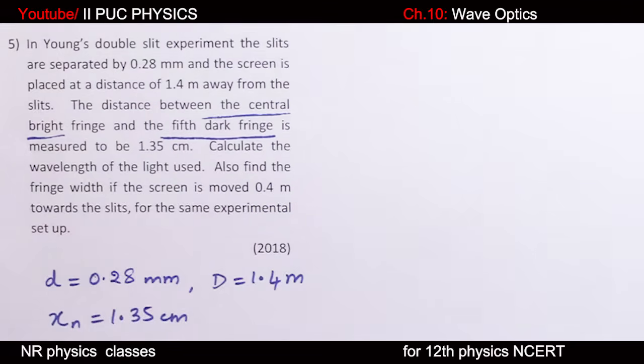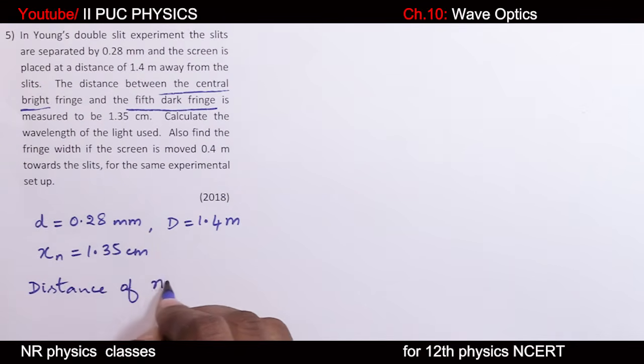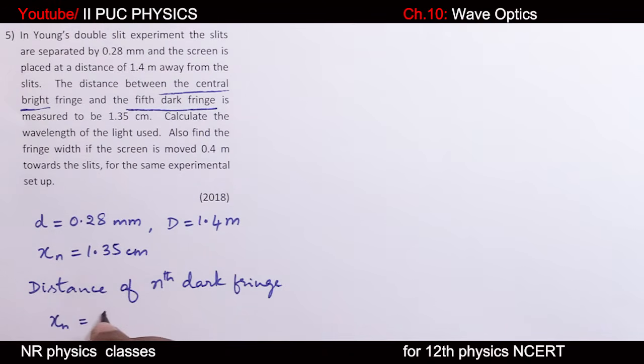Distance of the fifth dark. Distance of the nth dark fringe is Xn equal to (2n plus 1) lambda by 2 capital D by small d.